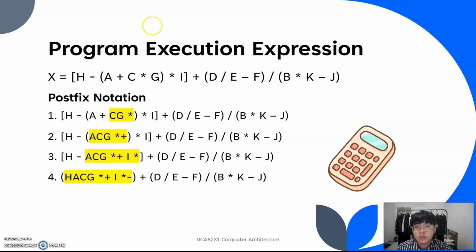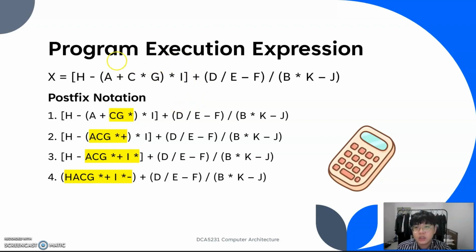Okay, first of all, we need to know what part to do first. In this question, there are three parts. In my example, I use the first part: h minus a plus c multiple g multiple I. In postfix notation, we do the bracket first and then the multiple and divide.